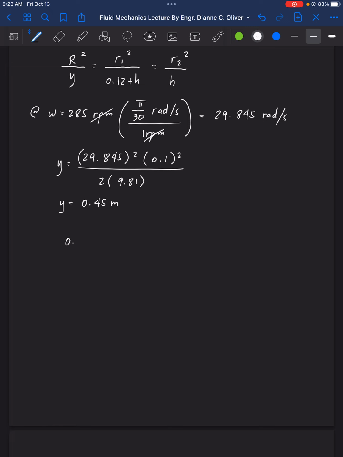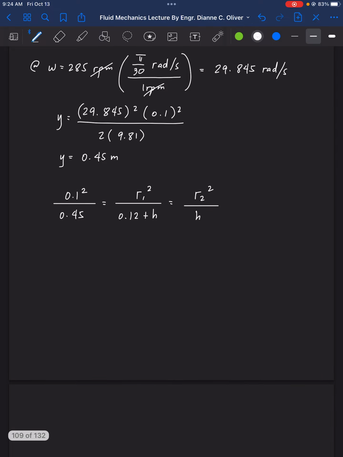So 0.1 squared all over 0.45 is equal to r1 squared plus h is equal to r2 squared. So we can have formulas here.